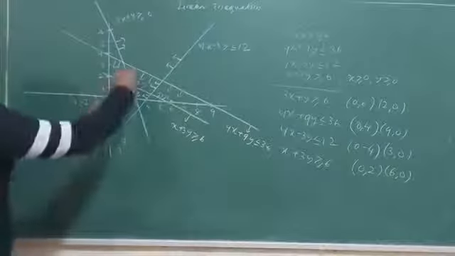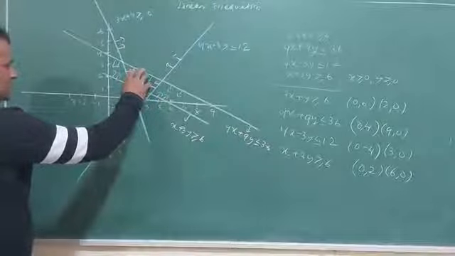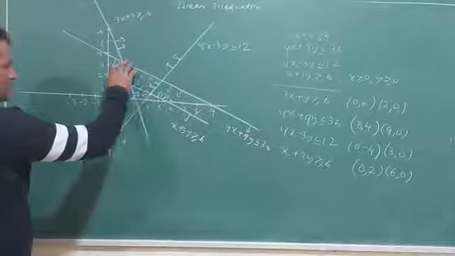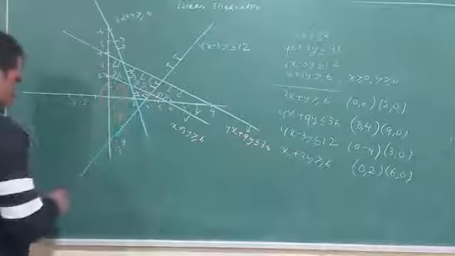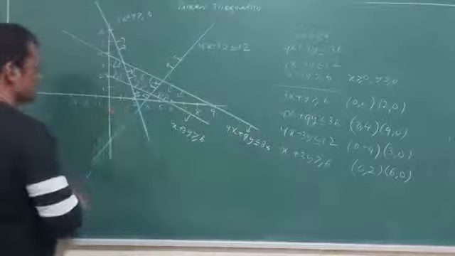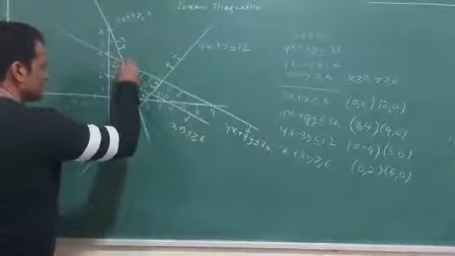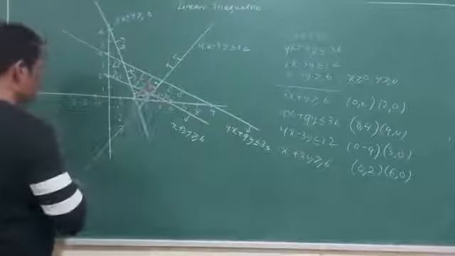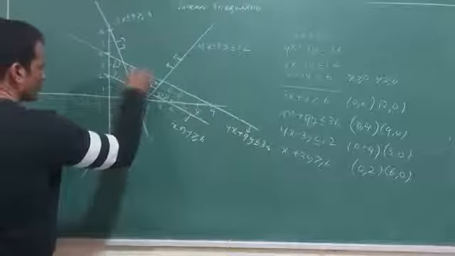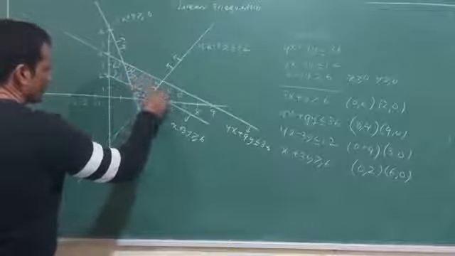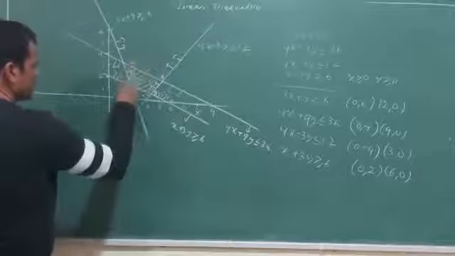This is the only portion where all the shaded areas are combined, not here, not here. So this is my required area. Name it and state it: A, B, C, D.